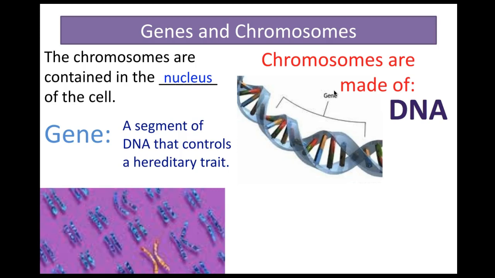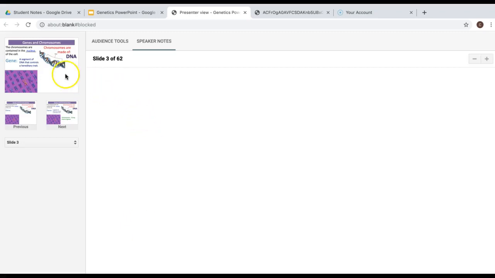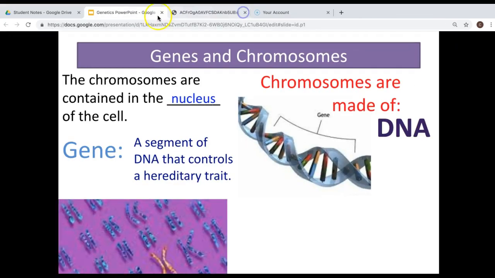So we have chromosomes, and in those chromosomes we have DNA, and then on the DNA, as you can see here, we have a gene. At some points, I will go ahead and write on this slide for you if I have anything I want to tell you. We're not going to do that just yet, okay?